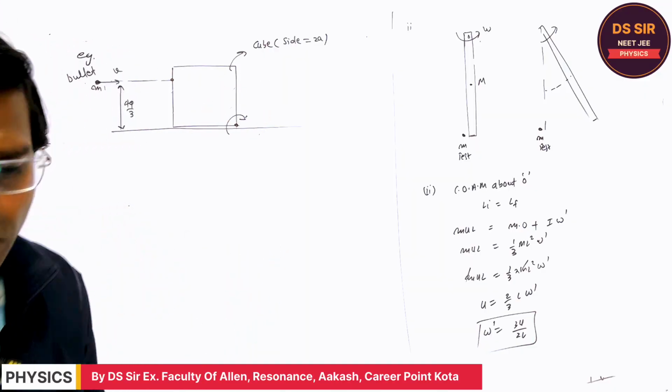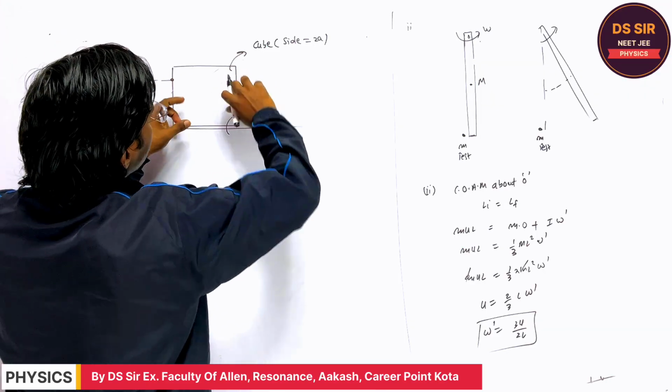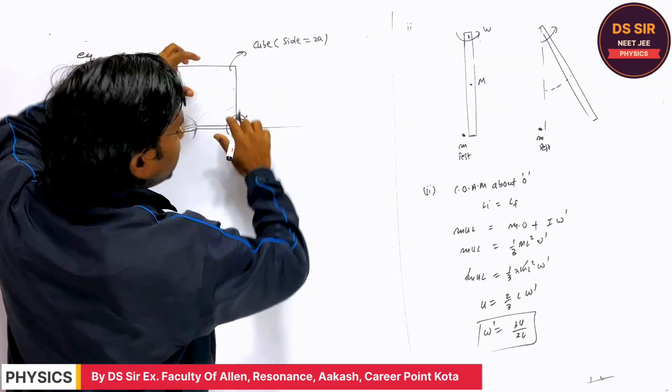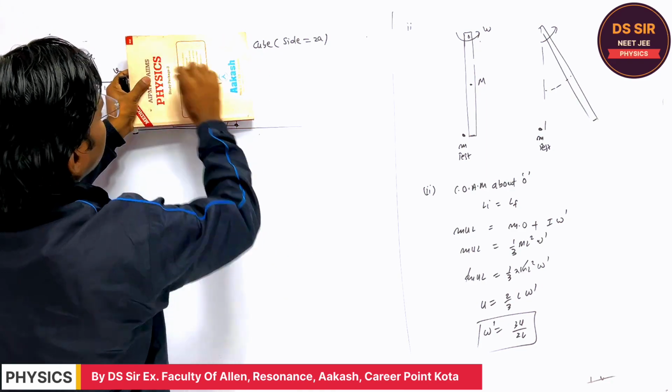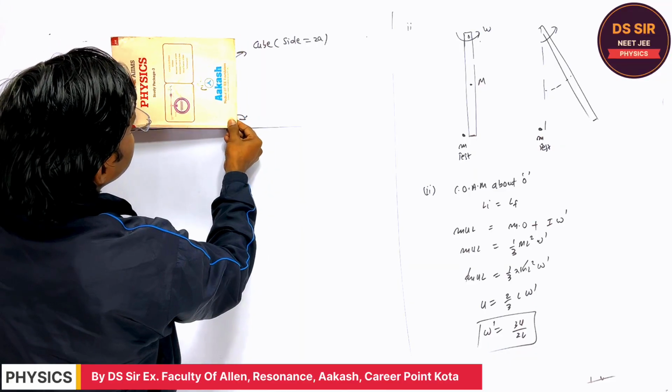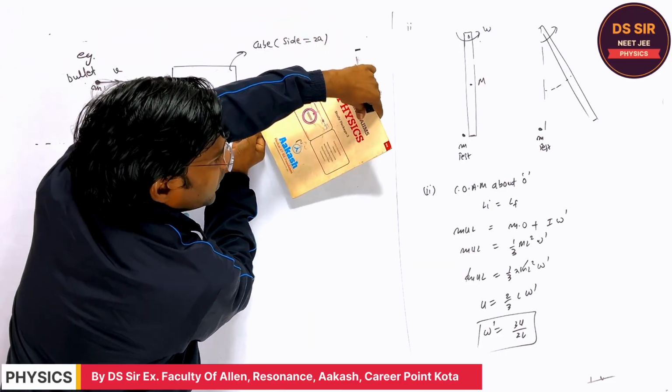What is the meaning of toppling? Toppling means after this it will rotate like this. Wait for one minute. Suppose this is the cube, and when it rotates about this, it rotates like this, and then it is toppling.